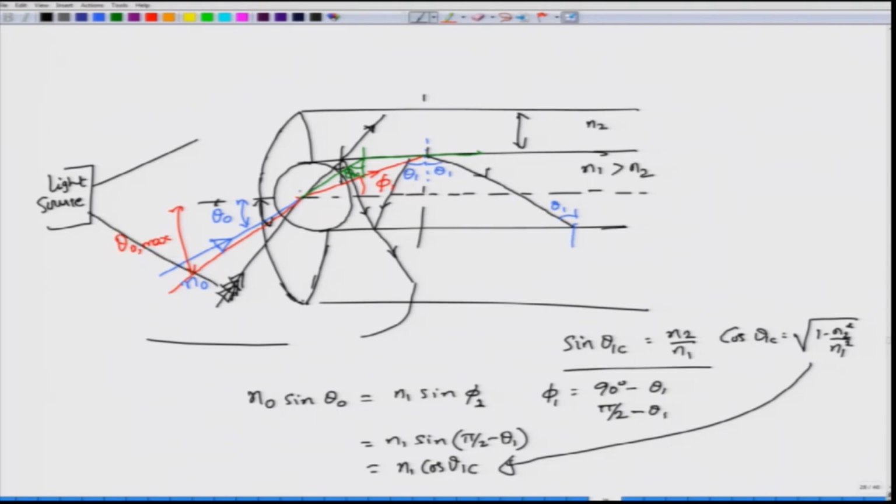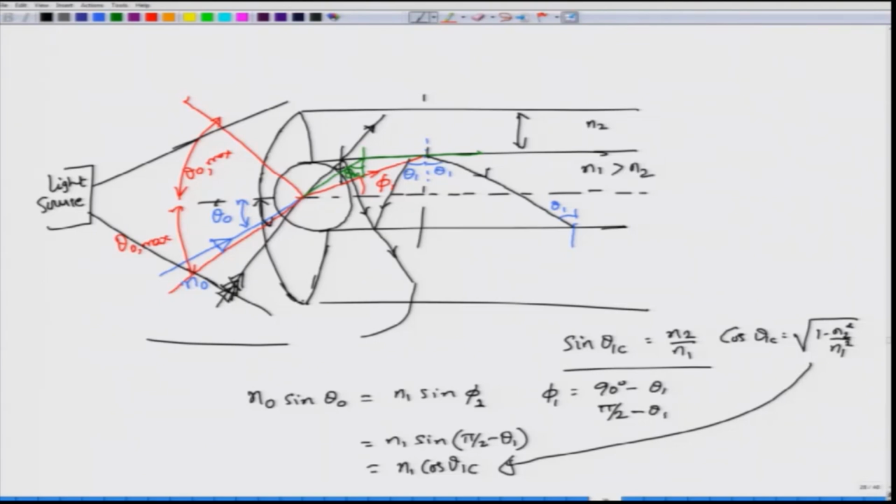So, if I have this acceptance angle to be quite wide, and of course the acceptance angle is actually an acceptance cone, in the sense that you have the same theta 0 max on the other side as well. Light is in the form of this cone.